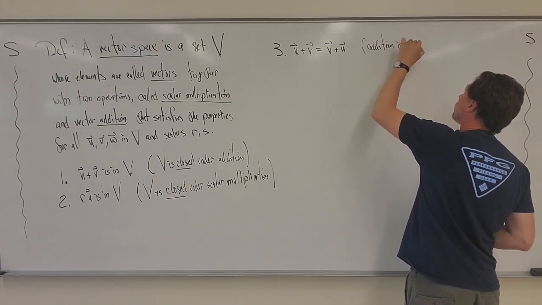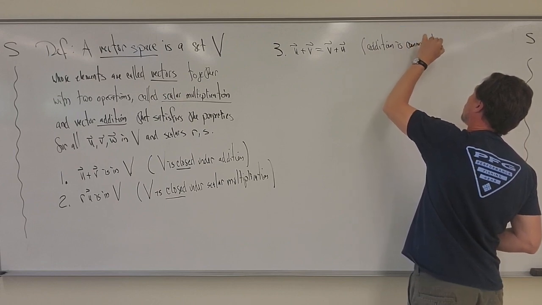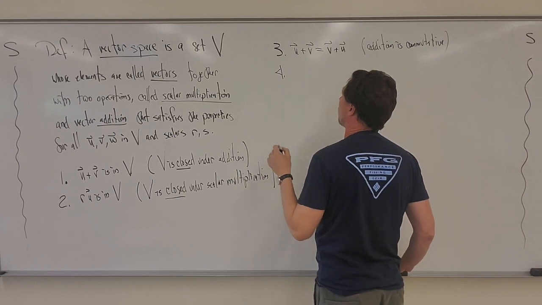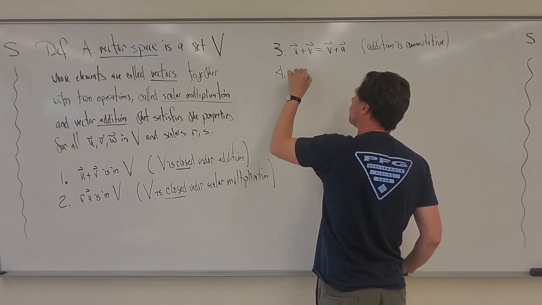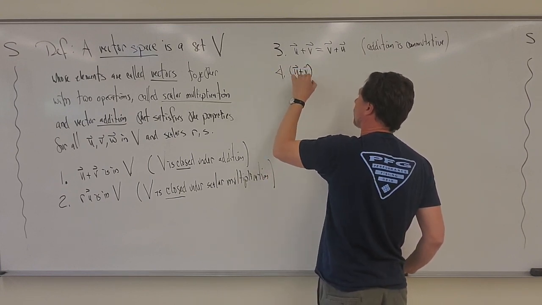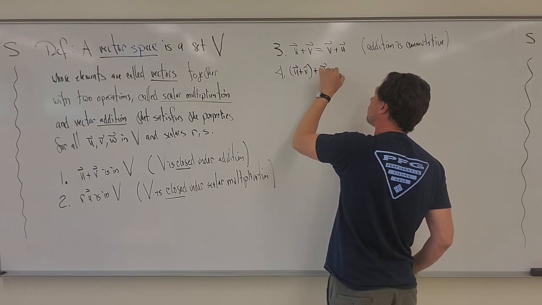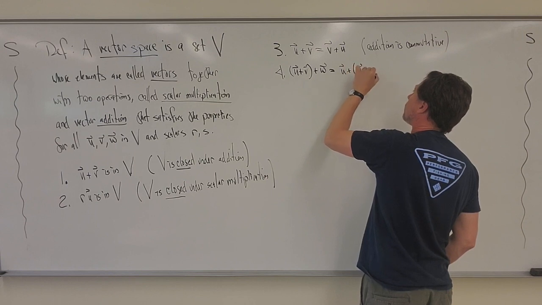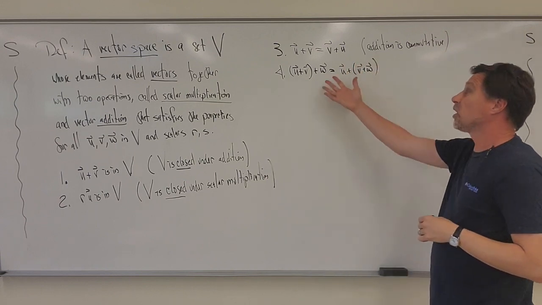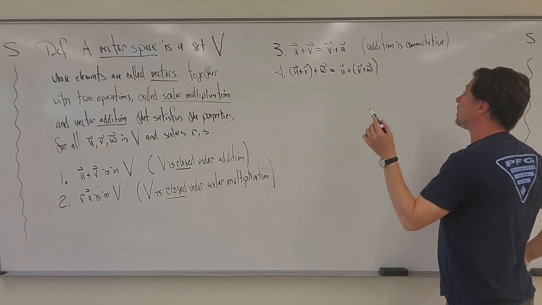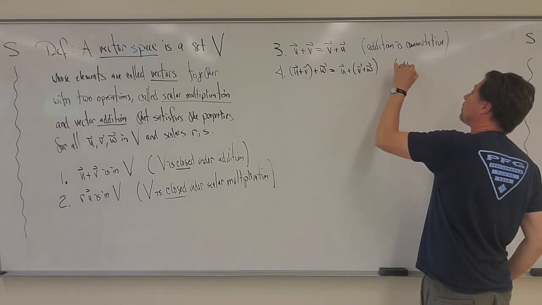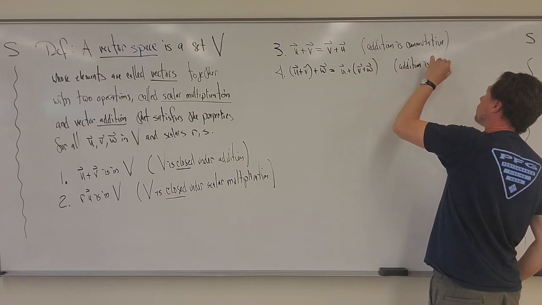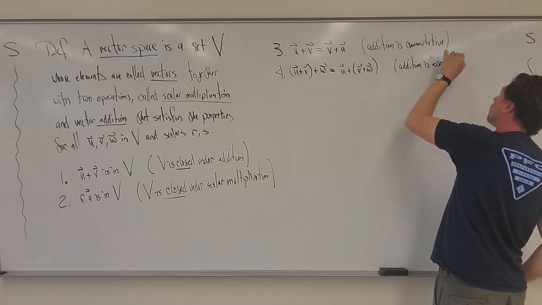Fourth property, (u plus v) plus w is equal to u plus (v plus w). Here, what do you call this property? This is associativity. So addition is associative.